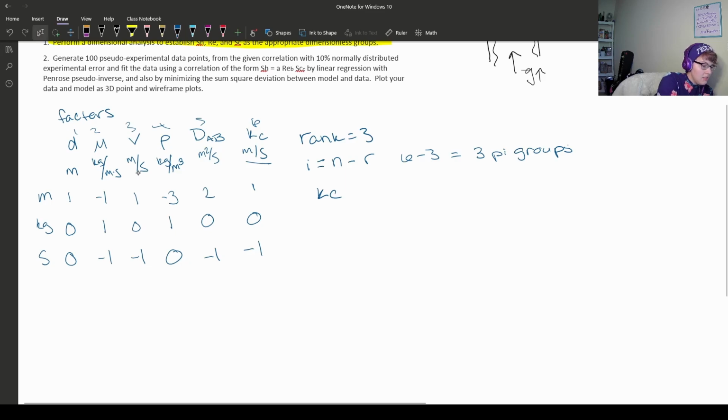Since that has meters per second and velocity has meters per second, we are going to use that as our second one, just because it'll be more efficient for us. And then for our third one, let's just go with viscosity. So those will be our 3 standard groups.